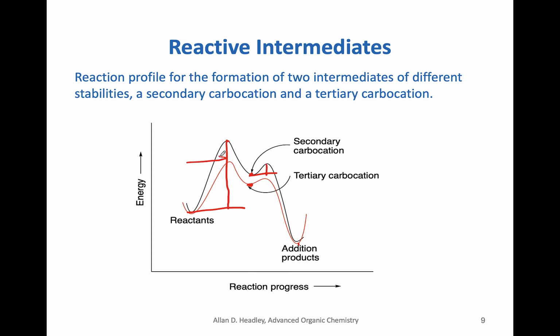Hence, this step here is the rate determining step, and this step here, because the energy of activation is so small, is a fast step. So now you can see the different steps of a reaction mechanism, a step-by-step description, and the slowest step is the rate determining step for that reaction.